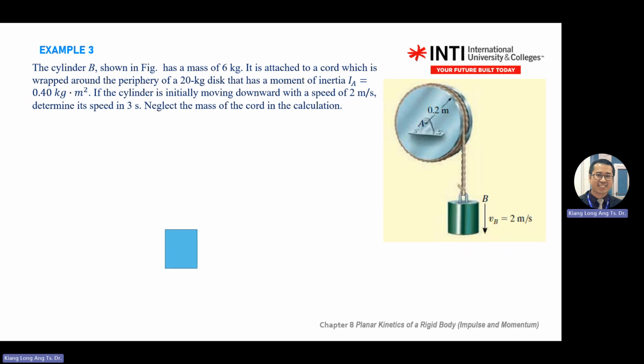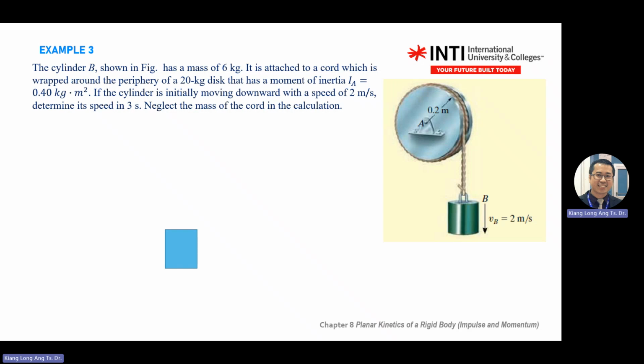This one is at the G, IXX or IYY. Refer to the table, then you get this value. If the cylinder is initially moving downward with a speed of 2 meters per second, determine the speed in 3 seconds. So involve time, so there must be an equation involved with impulse.